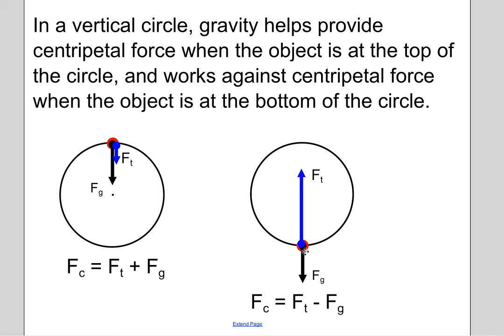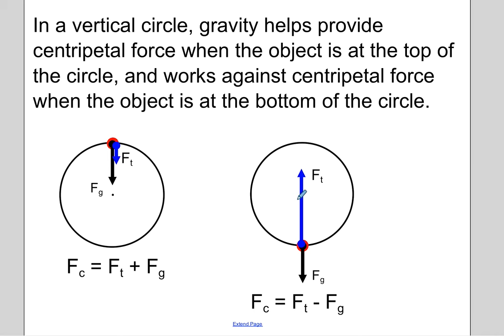But what about at the bottom? Now you rotate on your string and you get to the bottom of your circle. At the bottom, you're pulling upward on the string, and the force of gravity is still pulling down. So notice at the bottom of the circle, they work against each other. And when forces go in opposite directions, we subtract them.